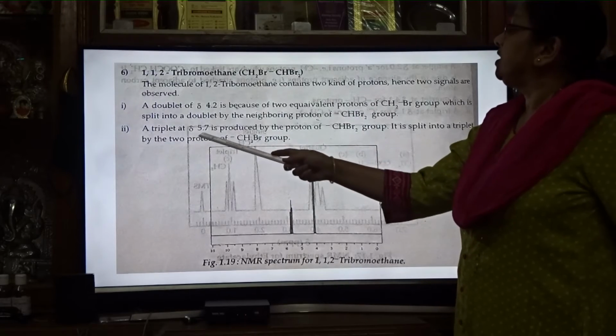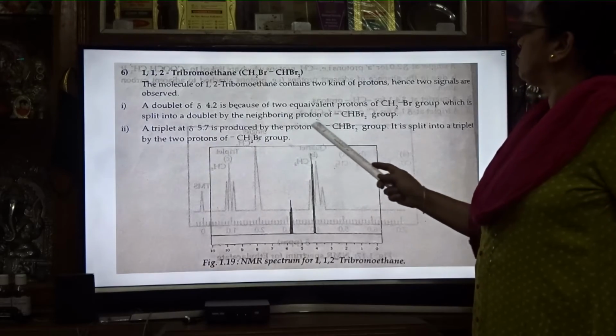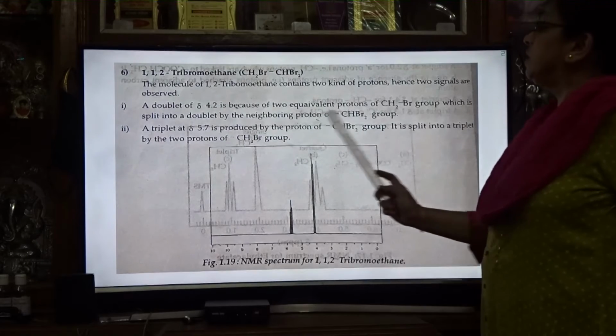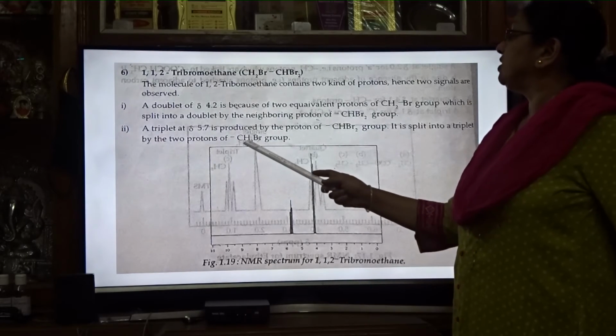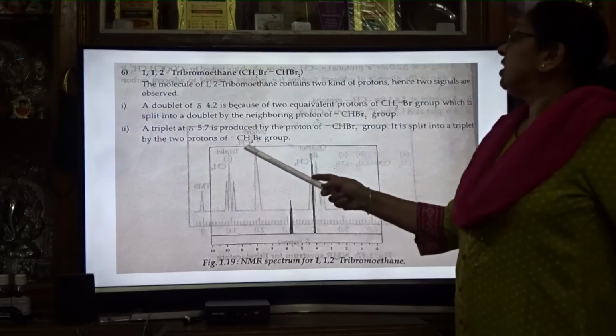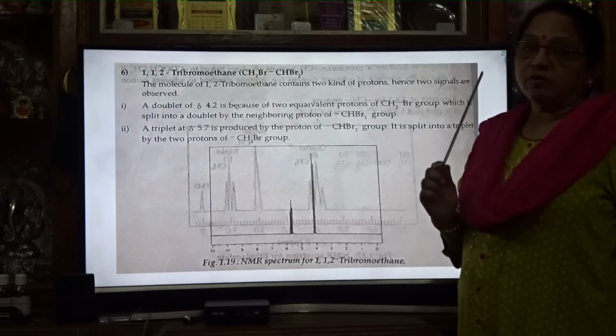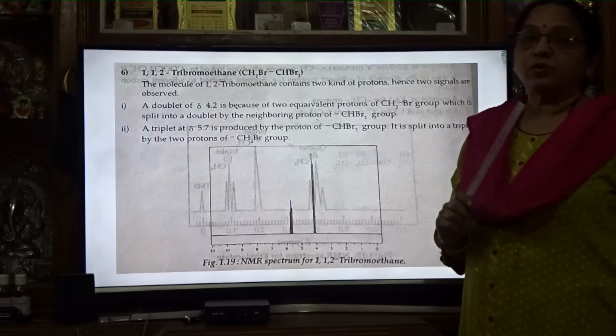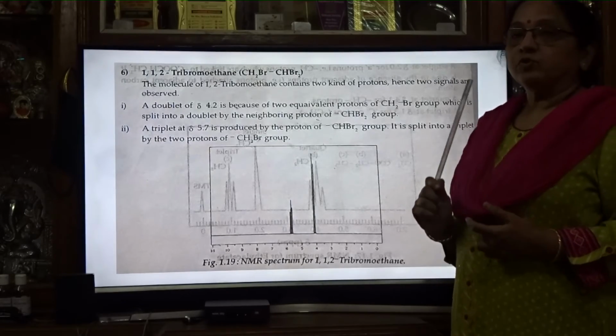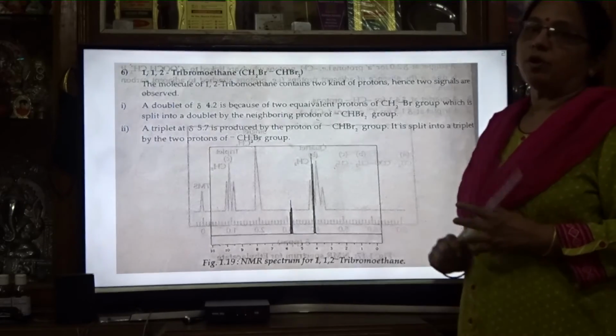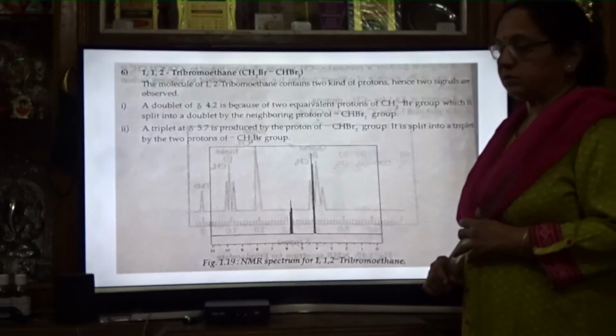A triplet at del 5.7 is produced by the proton of the CHBr2 group. It is split into a triplet by the two protons of CH2Br. Using n plus 1, with 2 neighboring protons it is a triplet, and with 1 proton it is a doublet. Always remember the n plus 1 rule, which you saw in the earlier slides, for the splitting of protons.